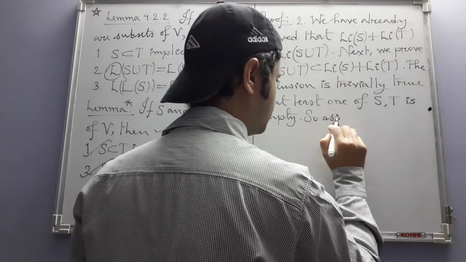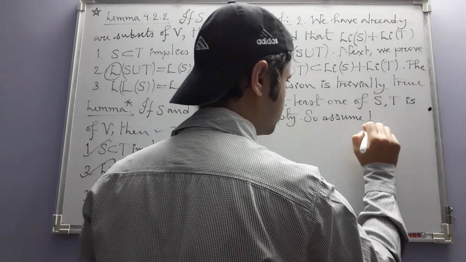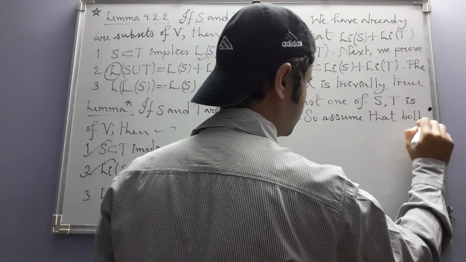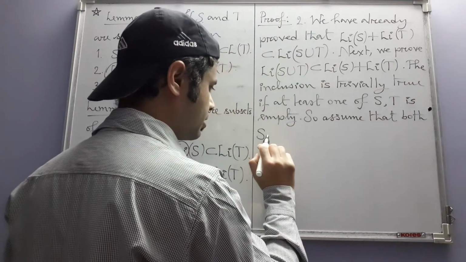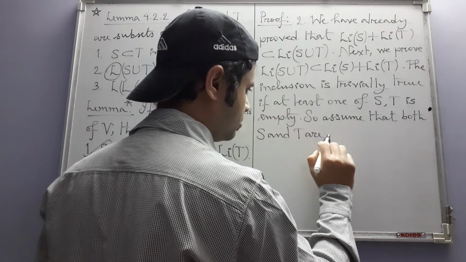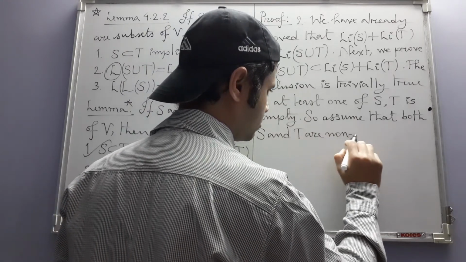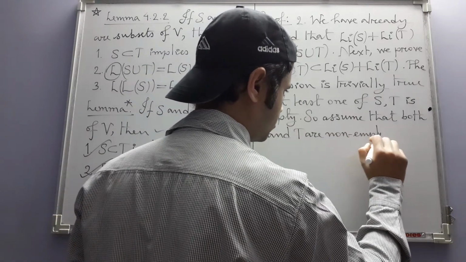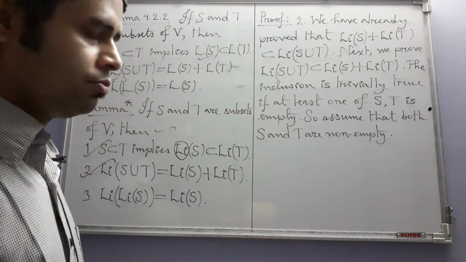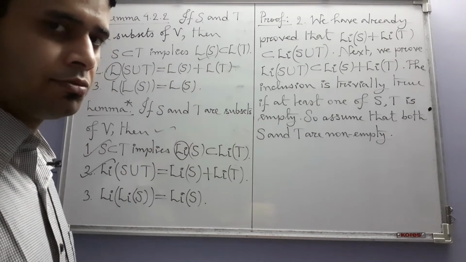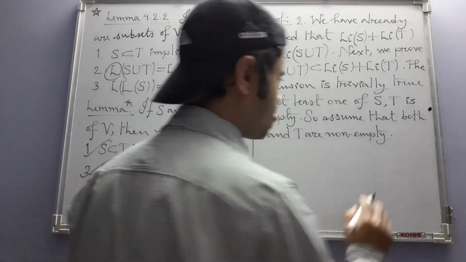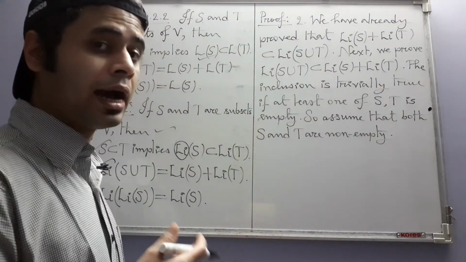So assume that both S and T are non-empty. We in fact came this far in the previous video, but after that we messed up. Not you, I messed up.